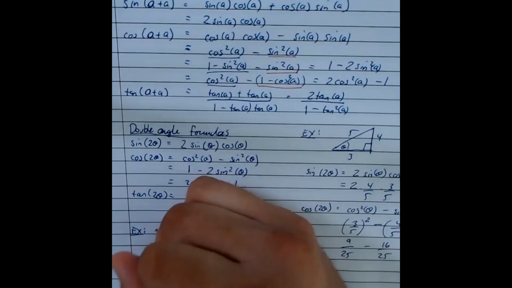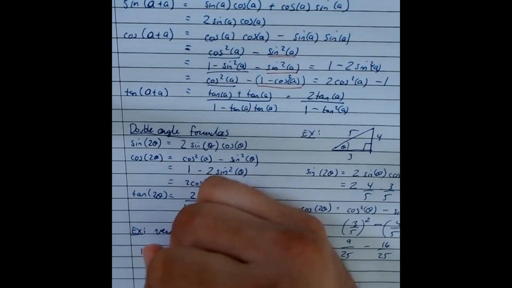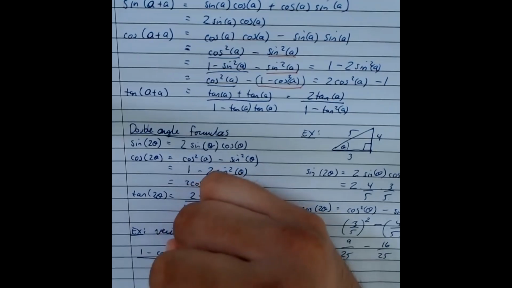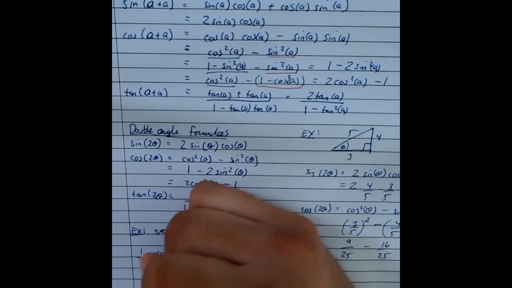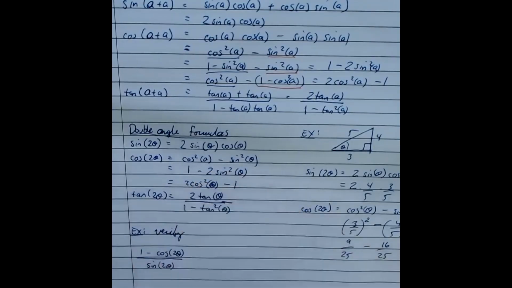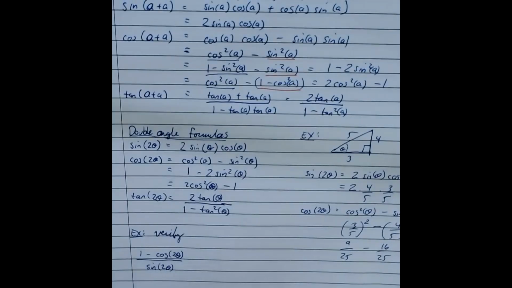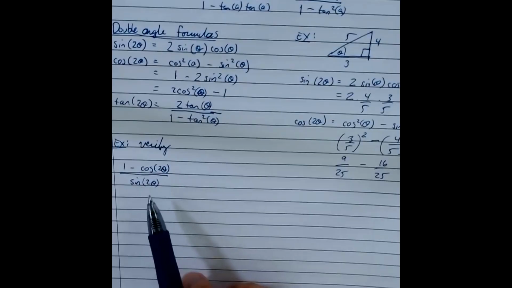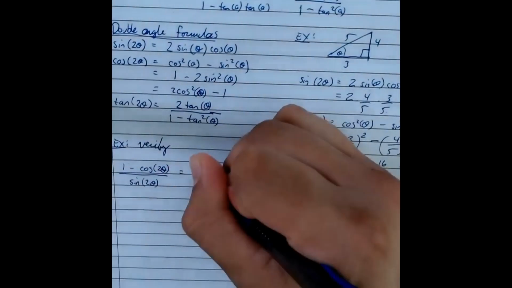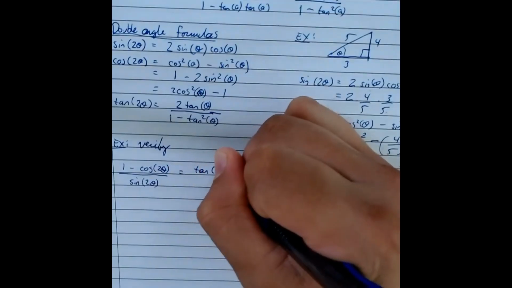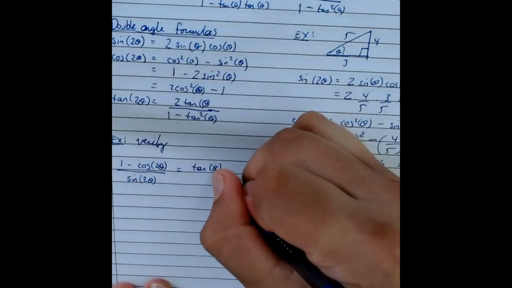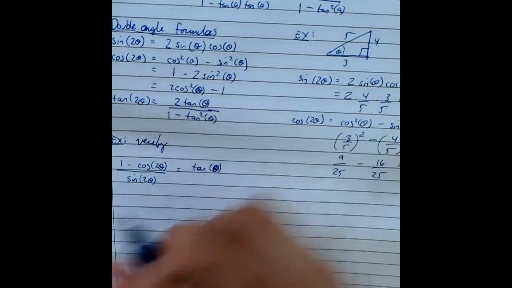We're going to verify that 1 minus the cosine of double theta over the sine of double theta. And again, that theta can be an x or a w or anything else you like. 1 minus cosine of double your angle divided by sine of double your angle is equal to the tangent of your angle. Oh, there should be a theta. There we go. Keeping them all the same angle.